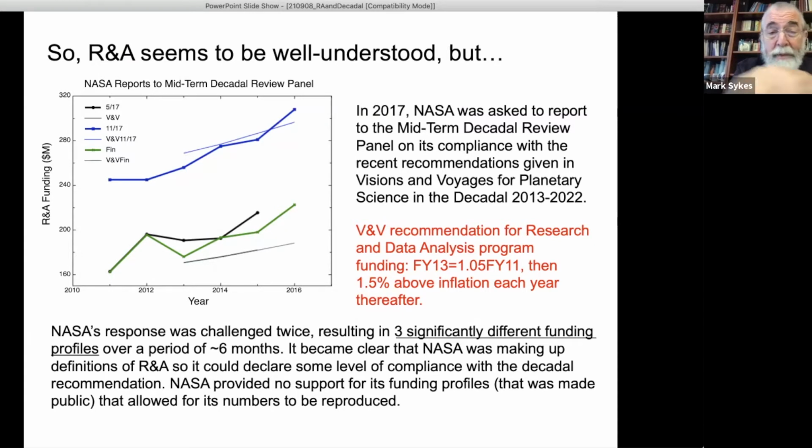They came back with another plot, and then ultimately came back with a third plot, which indicates that from the perspective of the Planetary Science Division, the definition, if you will, was kind of fluid. And so that was problematic, and is the basis for my calling on the Decadal Survey to actually define, if they're going to put in RNA recommendations, they need to define what they're talking about.